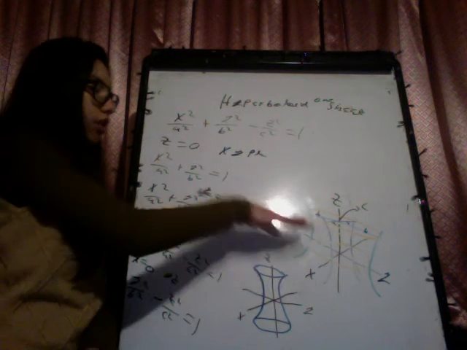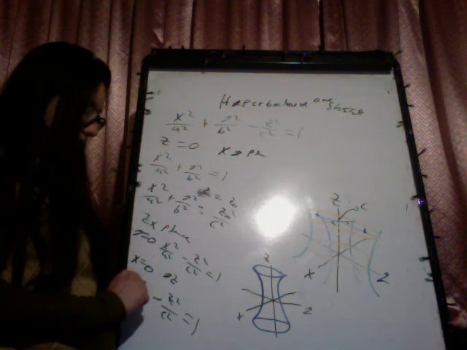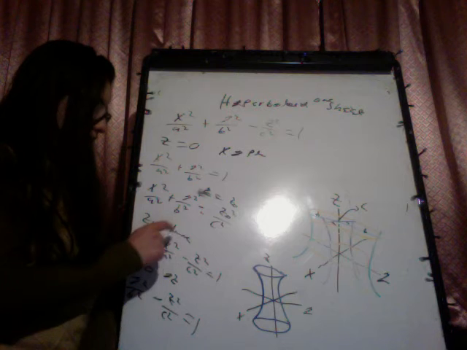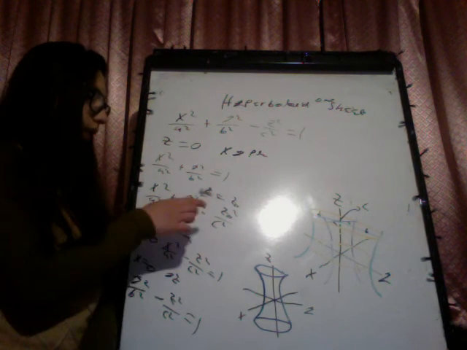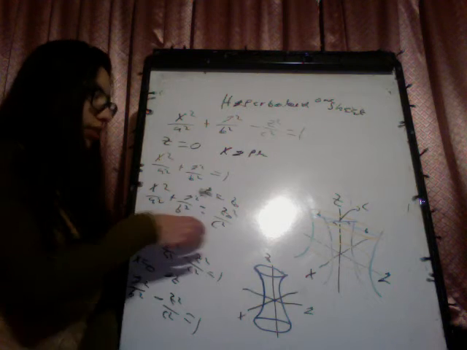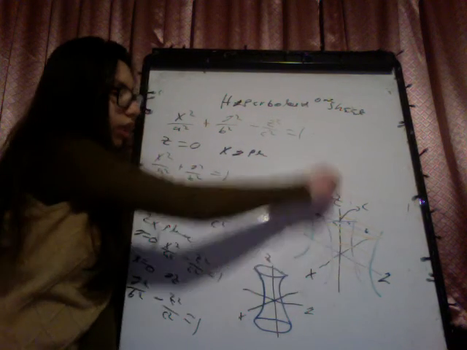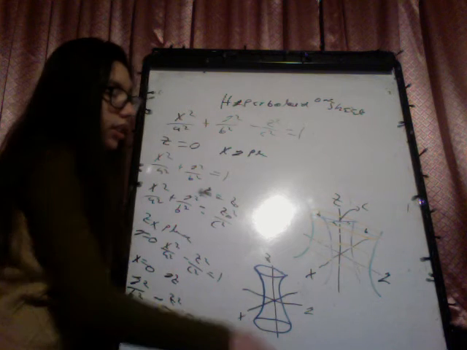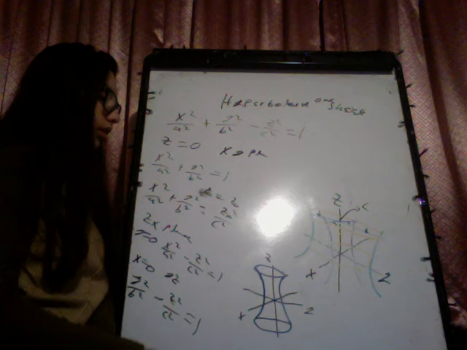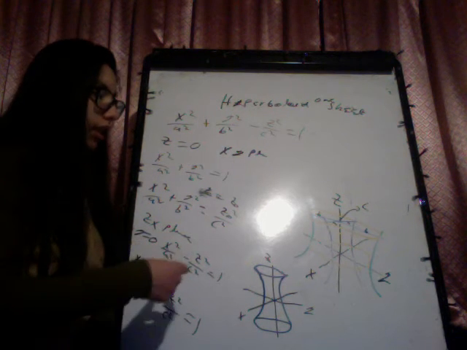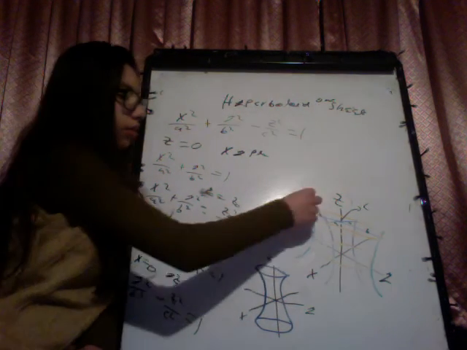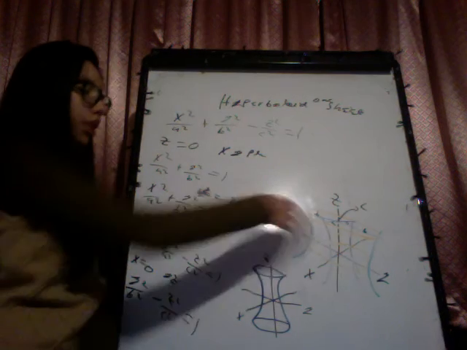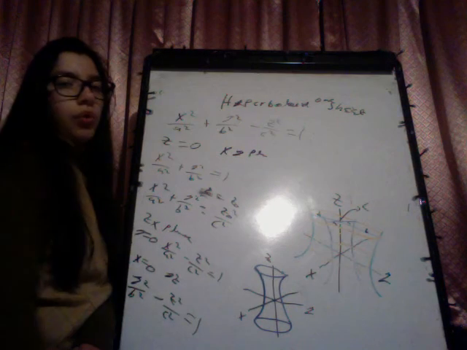The cross sections when c equals c naught are ellipses centered on the c axis, and the vertices are on the hyperbolas, which could be the green ones or the blue ones.